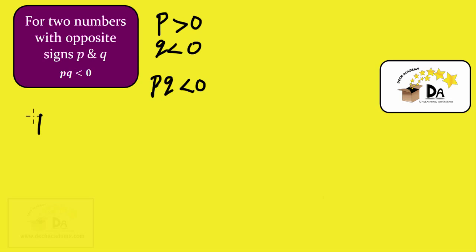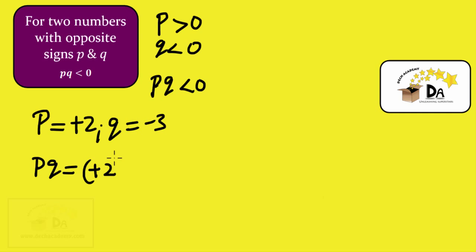Let's try it out. So let's say p is plus 2 and q is minus 3. The product of p and q is plus 2 times minus 3, which gives minus 6. As you can see, the product of two numbers with opposite signs is a negative number. You can try another pair of numbers.